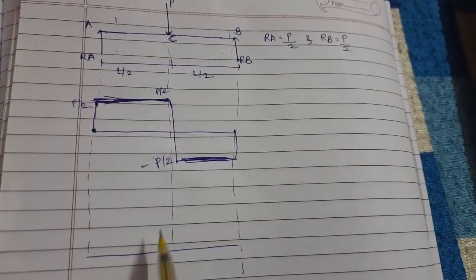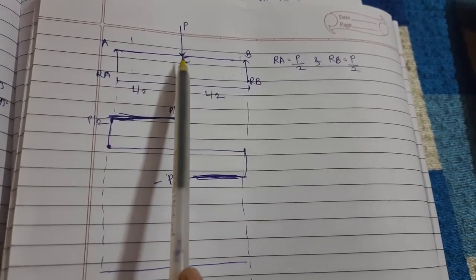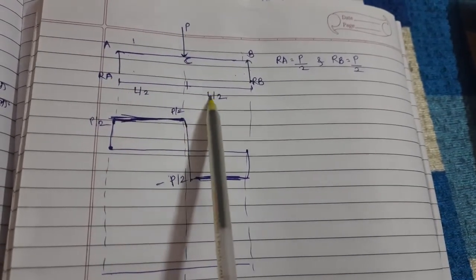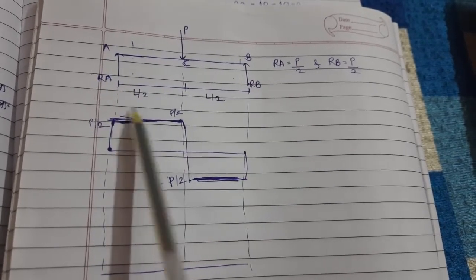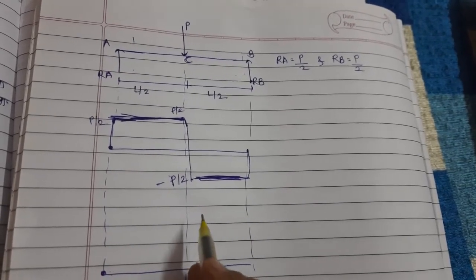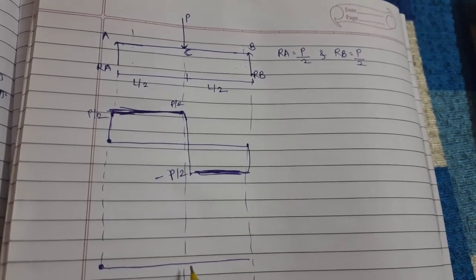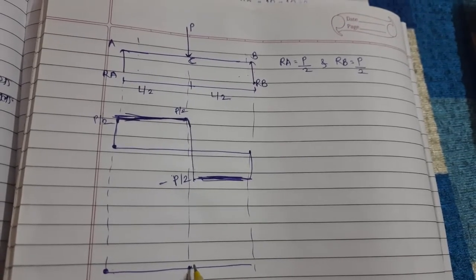Now for bending moment. Take the moment at point A: P into L by 2 minus P by 2 into L. What do we get? Moment at point A is 0. Now directly take the moment at point C. What do we get?